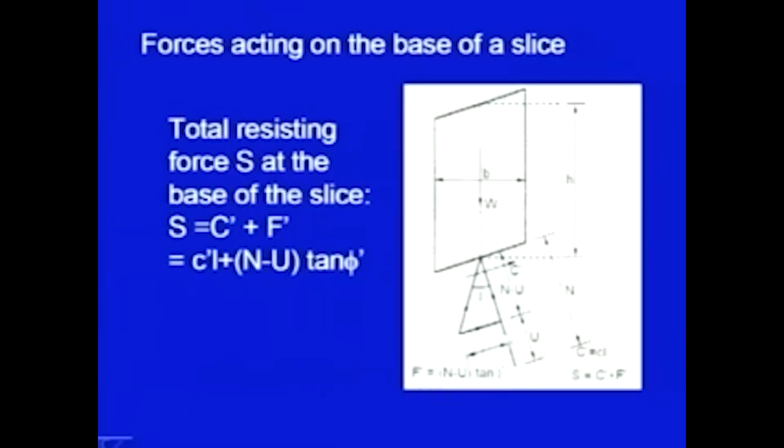Graphically you can get this ordinate, and also this is the cohesive component C dash into l, and plus this will be the total shear resisting force S at the base of the slice. So, this you can do for each of the slices, and this component can be obtained.